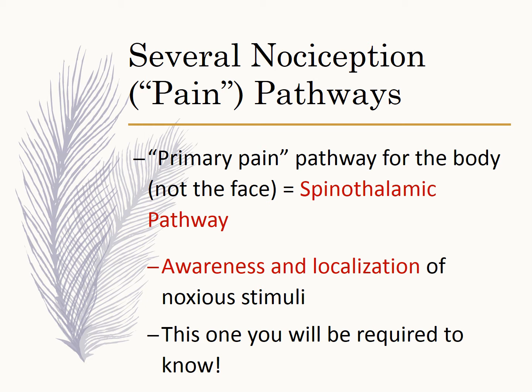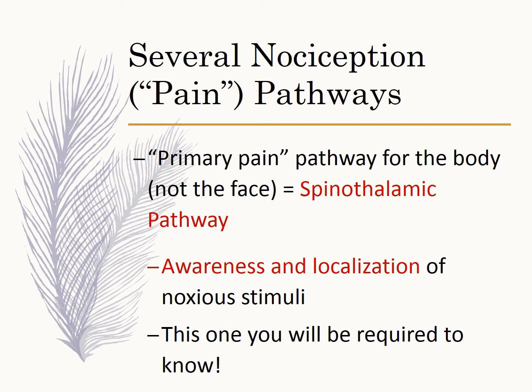There is one pathway that I'm going to ask you to know for this class, and this is the primary pain pathway. We'll learn one for the body, and in the next unit we'll learn one for the face. These pathways are not called primary because they're the most important, nor because they carry the most information.